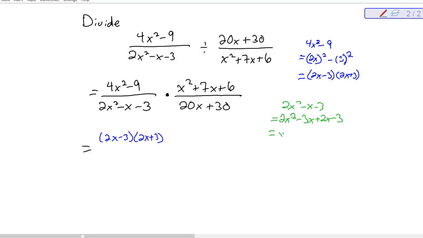So I'm going to factor out an x, so that's 2x minus 3, and I'll factor out a 1, so that's 2x minus 3. So I have 2x minus 3 and an x plus 1.